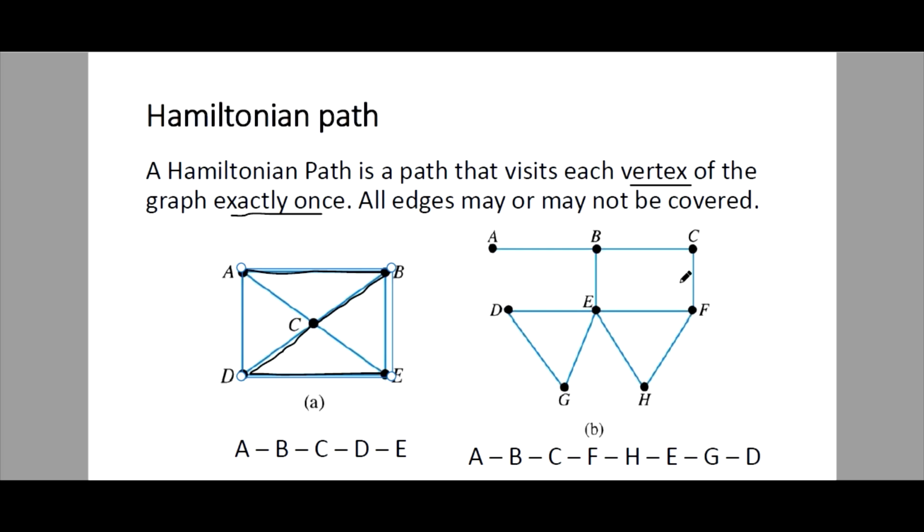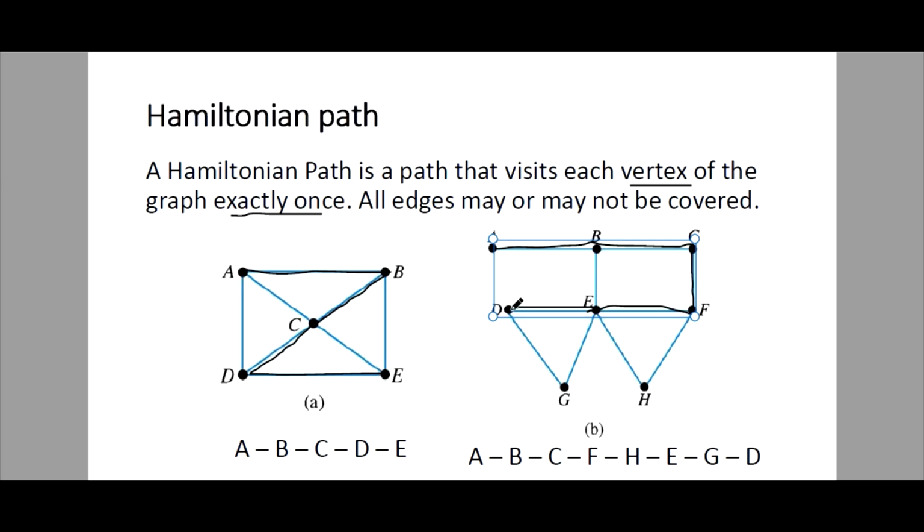Now on this graph, we can have A to B to C to F. If you go to E, then of course, I think it will be difficult for you to cover all the vertices, because if you go to E, you have two choices.